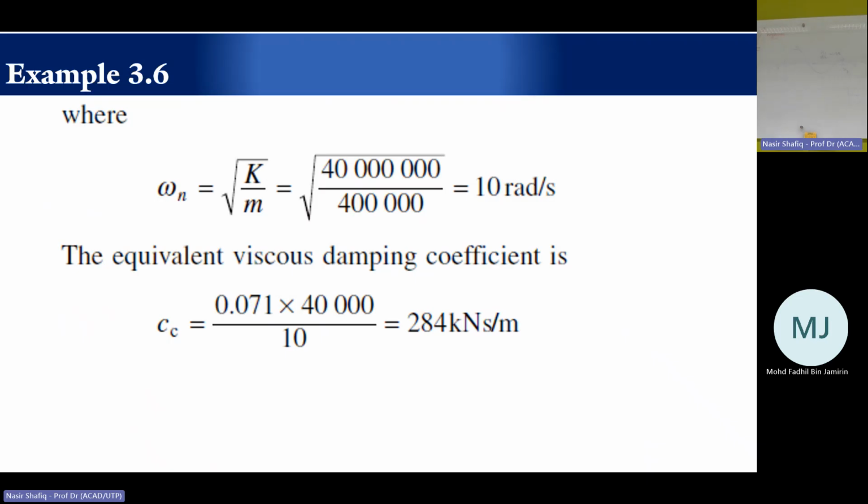So by putting these values, we get the equivalent viscous damping. So that is the hysteretic damping, and this is the viscous damping which we normally use in structural design. Which means that other damping effects we can transform to equivalent viscous damping, right?